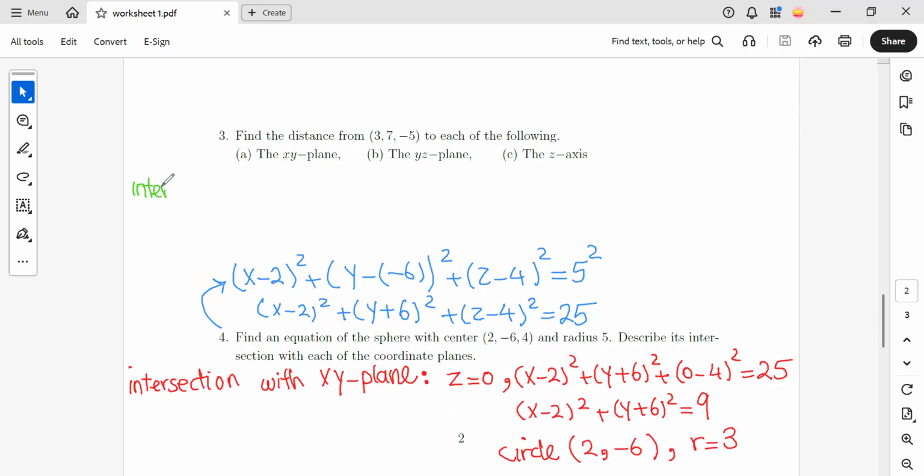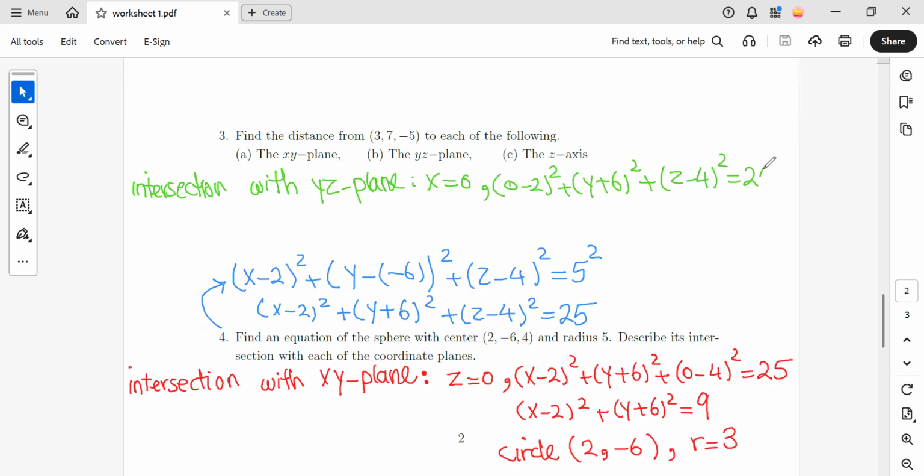The intersection with the YZ plane means you would set x equals 0. If you do so, you would have (0 minus 2) squared plus (y plus 6) squared plus (z minus 4) squared equals 25.